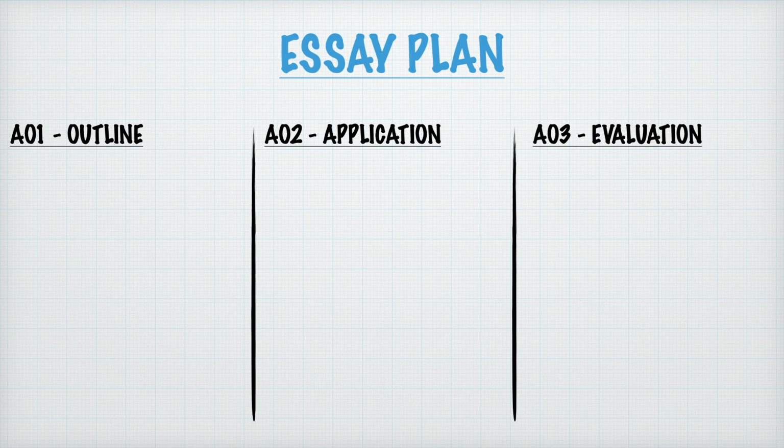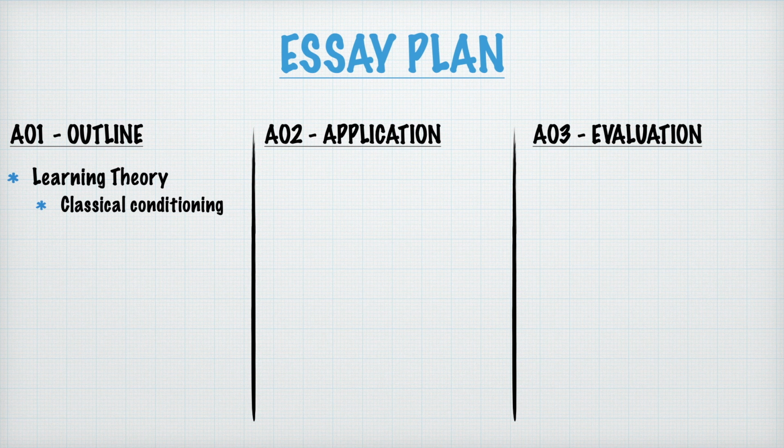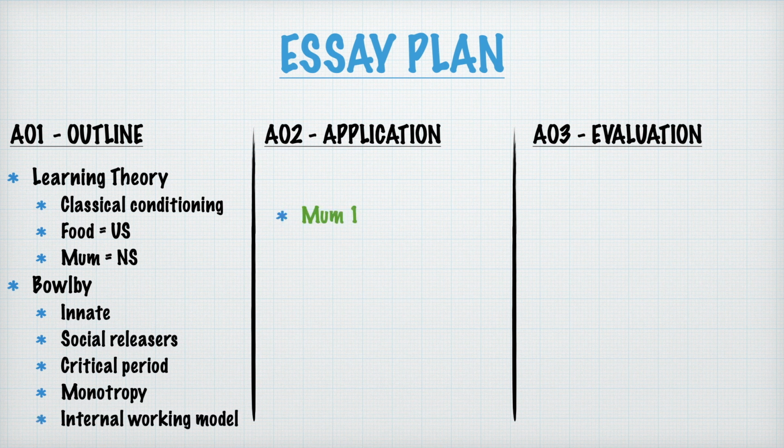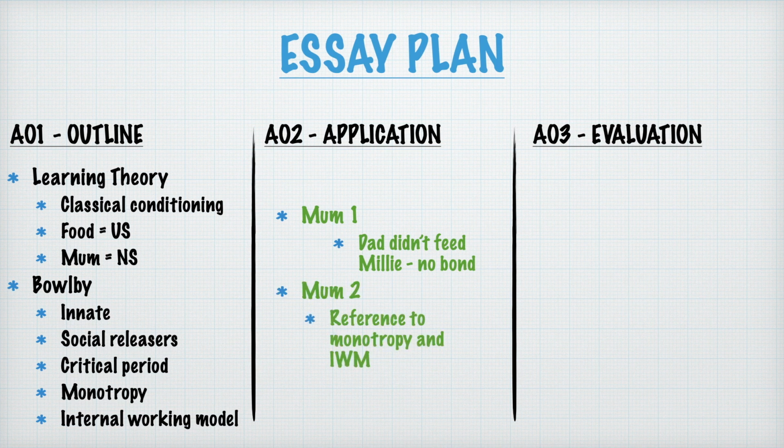So, here we go. My outline points are largely going to stay the same as the last essays. However, as you can see, I have lost the operant conditioning element of learning theory. I've also got my application section. So in there, I've just made a few brief notes about what the 2 mums are talking about and how it relates to my theories.